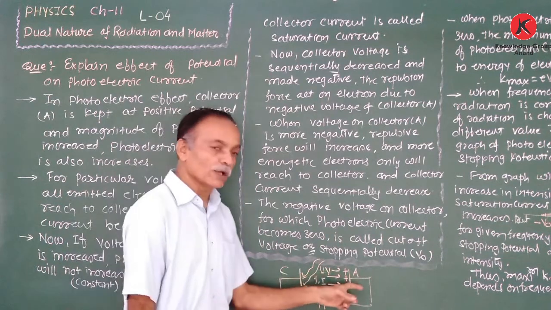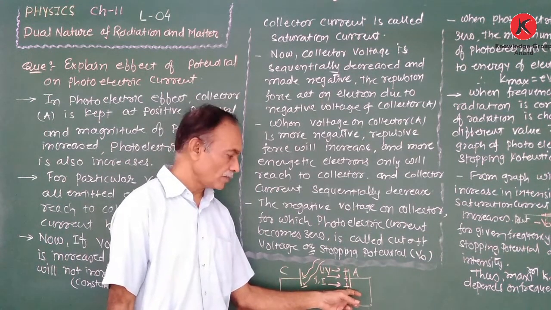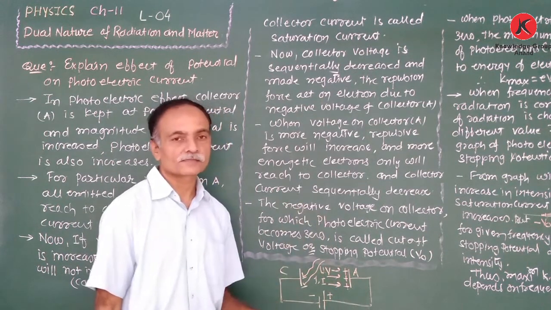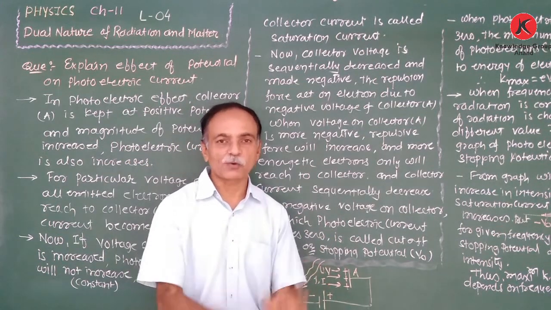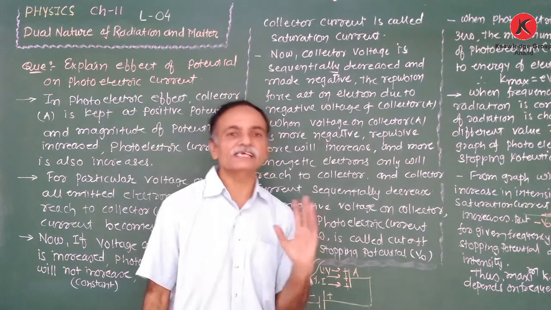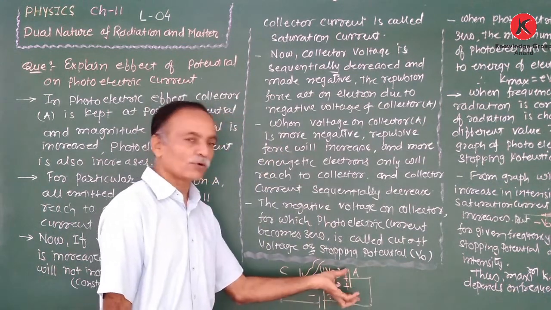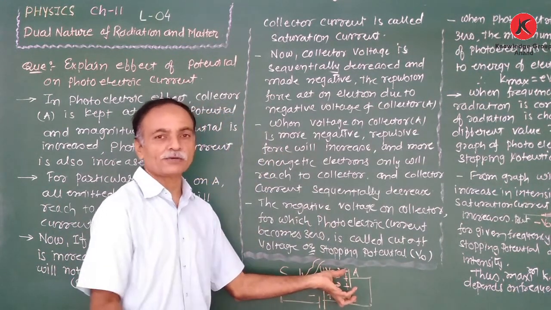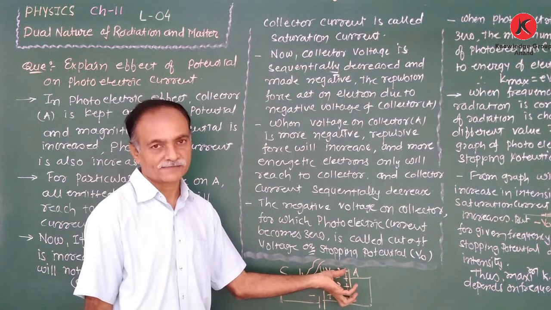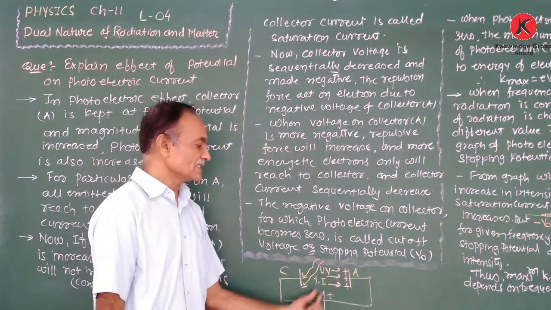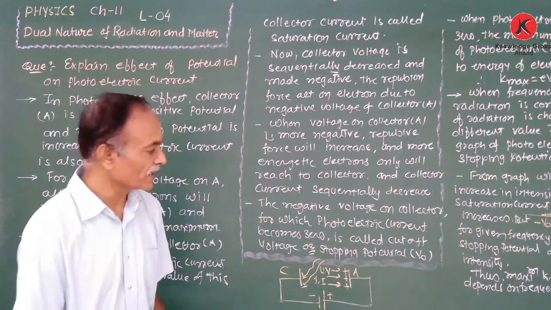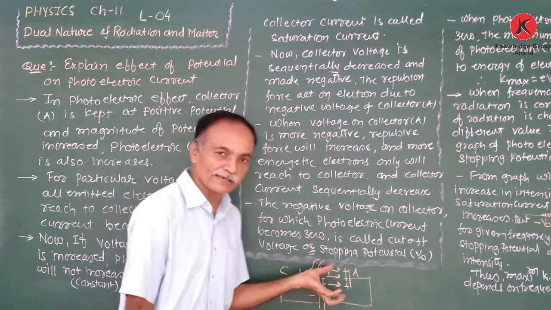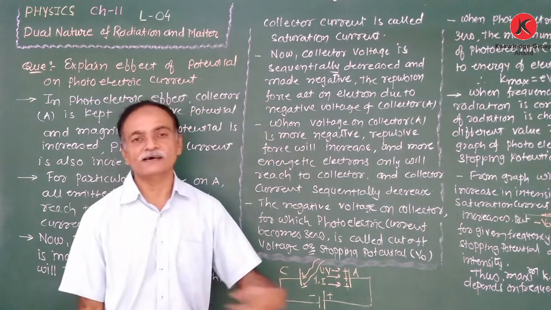At a particular voltage on the anode, all the electrons are attracted. After this voltage, as we increase the potential on the anode, there is no effect on the photoelectric current. So in short, as the potential on the anode increases, the photoelectric current also increases because more and more emitted photoelectrons are attracted by the collector.